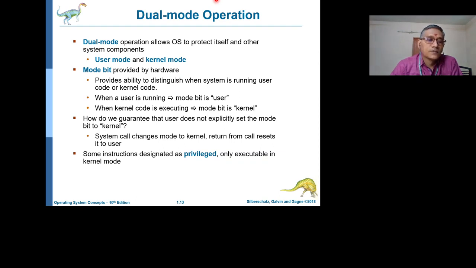Because of that, the operating system provides a facility through a set of system calls so that the privileged instructions will be executed by the kernel on behalf of the user process. Whenever privileged instructions are executed, the operating system is in kernel mode. Whenever normal user code is executed, the operating system is in user mode.